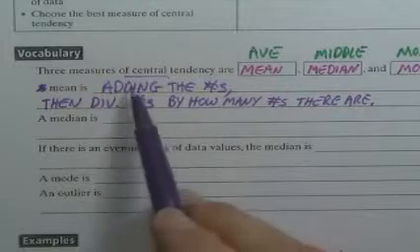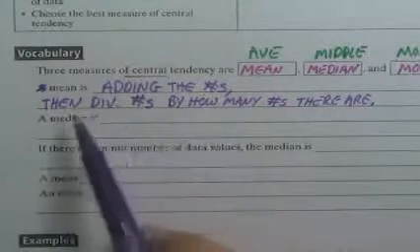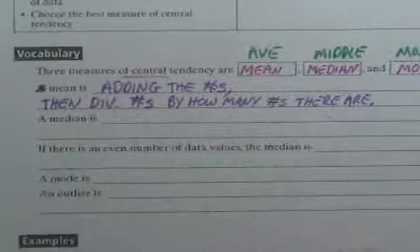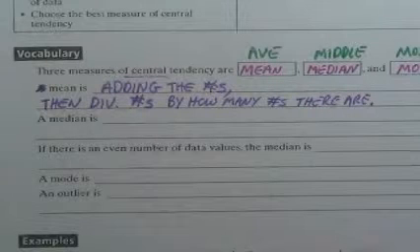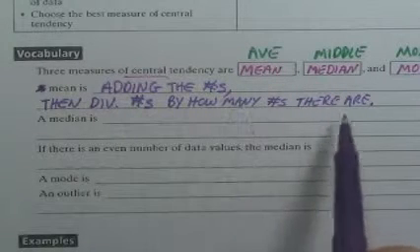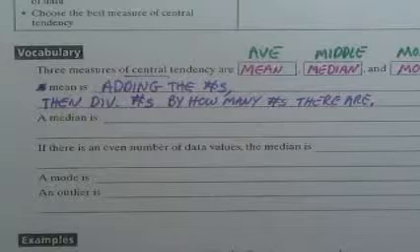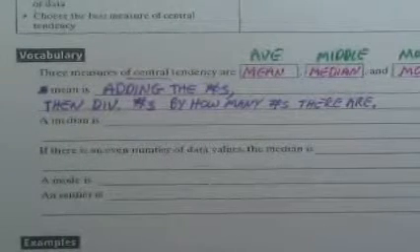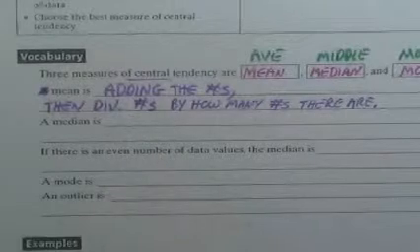So let's say it's 5 numbers, you add 5 numbers, then you divide by 5, because there are 5 numbers. And again, most of you already know this, and this is just kind of a short version of the definition.